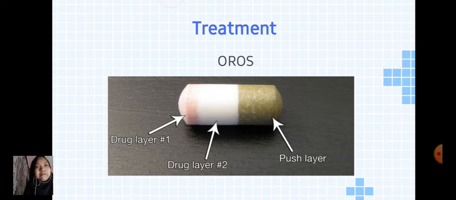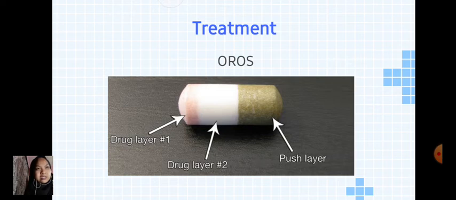Over the past decades, different OROS osmotic dosage forms have been studied to optimize extended release oral administration by controlling the rate of drug release, providing different delivery profiles.